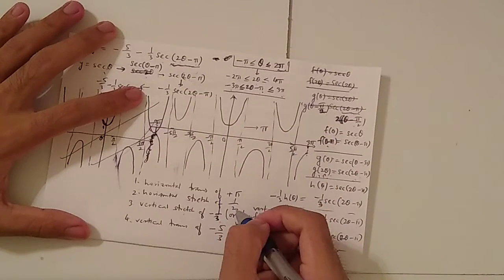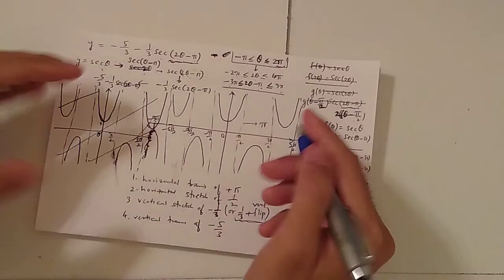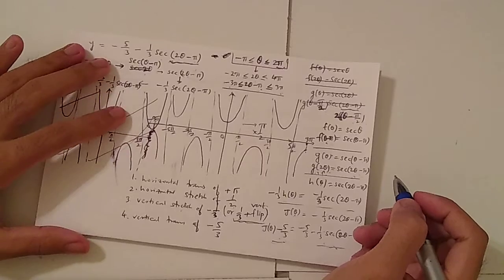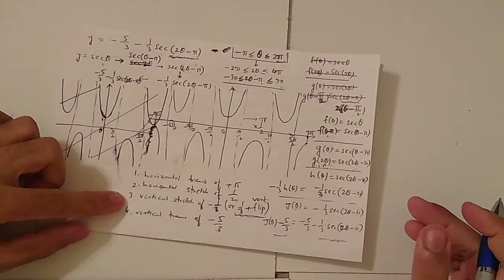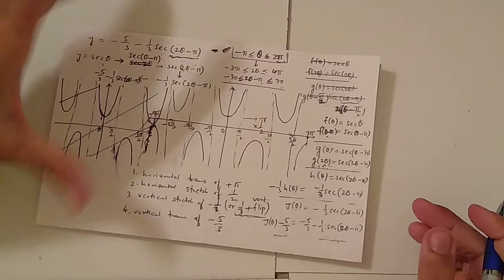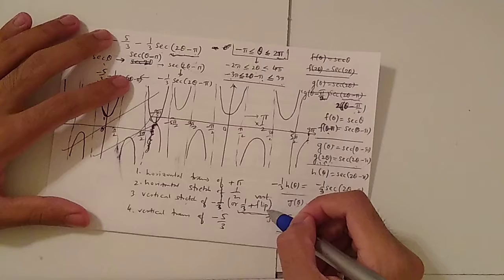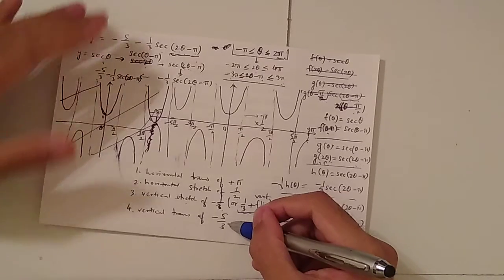The second step is a horizontal stretch of half, so the entire graph then gets compressed by half along the x-axis. The third step is the vertical stretch of minus 1 by 3, or 1 by 3 plus a flip, and the final step is a minus 5 by 3 vertical translation.